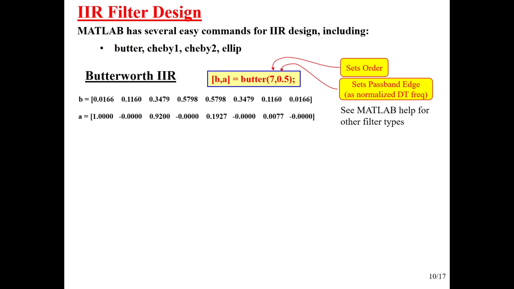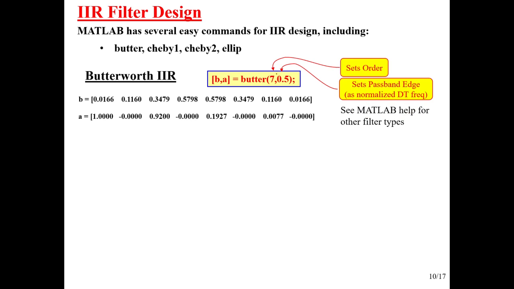So if you want to design a Butterworth IIR filter, and later in the course we'll talk more about what it means to be a Butterworth IIR filter, for right now this is the easiest way to call the Butterworth command. Again, there are more ways to call this, so you can check out MATLAB help to see how to do that. But this is the most common way.